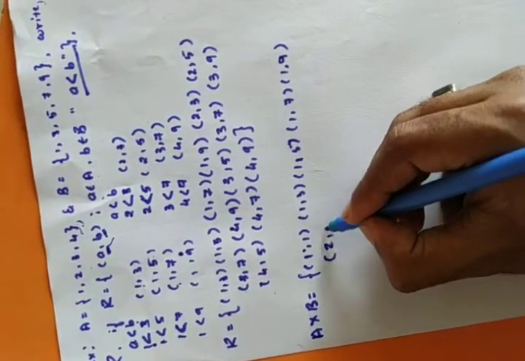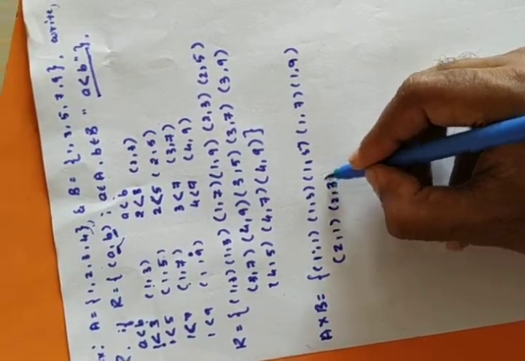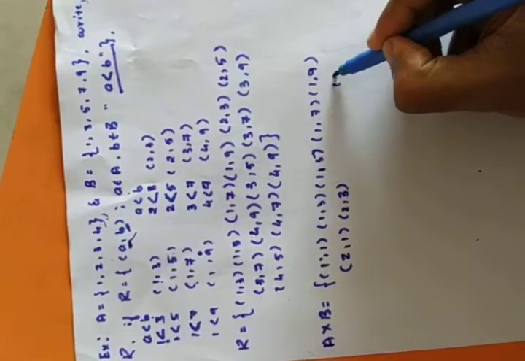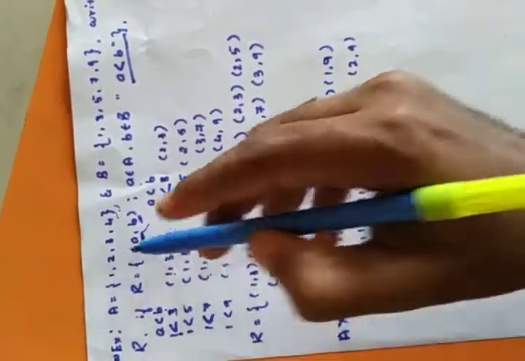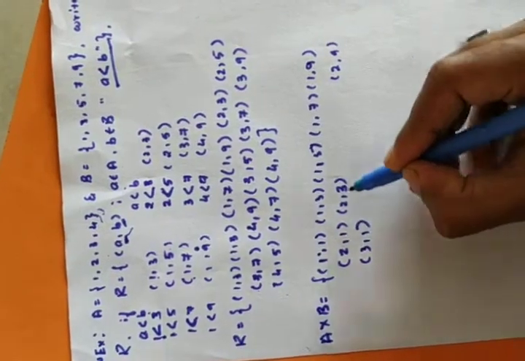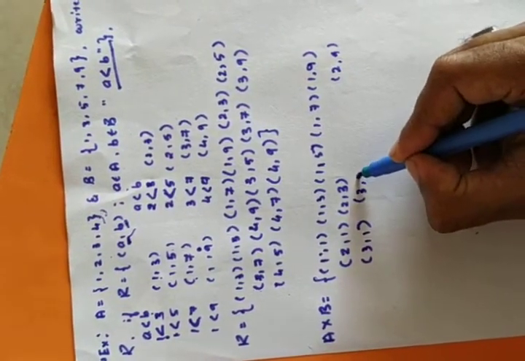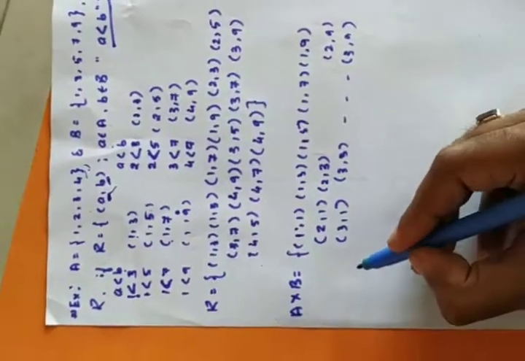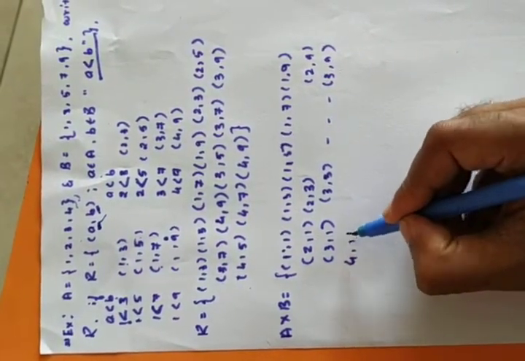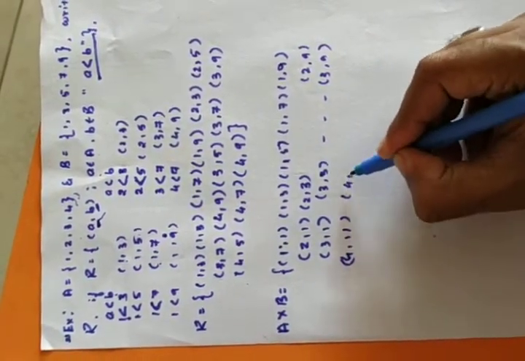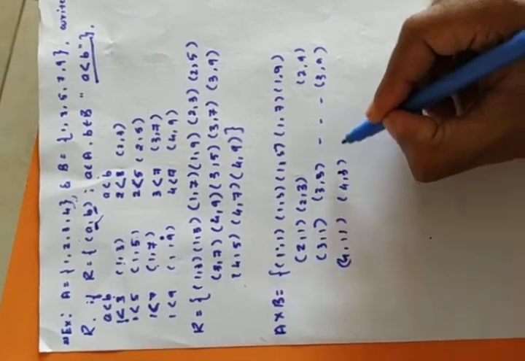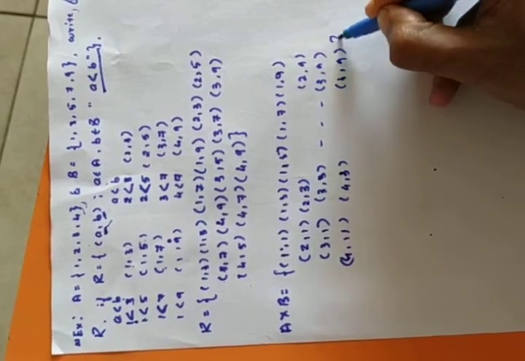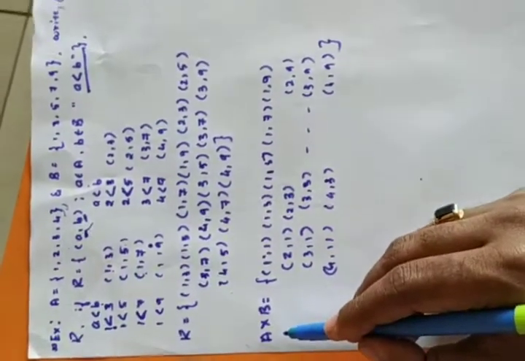Likewise 2 comma 1, 2 comma 3, 2 comma 5, 2 comma 7, 2 comma 9. Next 3 comma 1, 3 comma 3 up to 3 comma 9. Next 4 comma 1, 4 comma 3, 4 comma 5, 4 comma 7, 4 comma 9. So this is the Cartesian product of A into B.